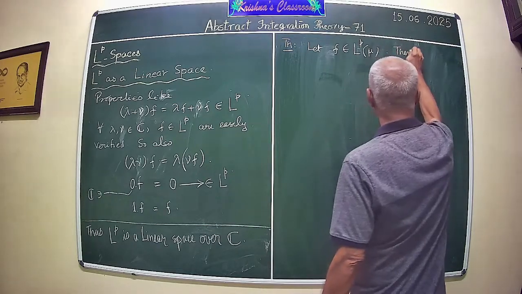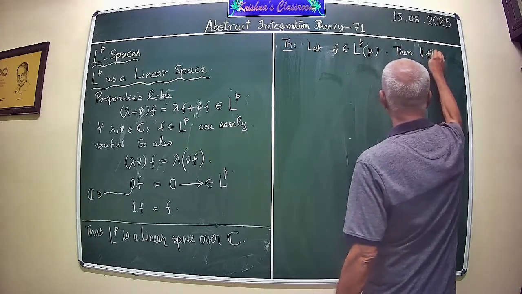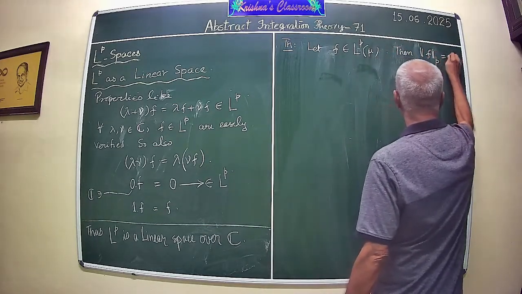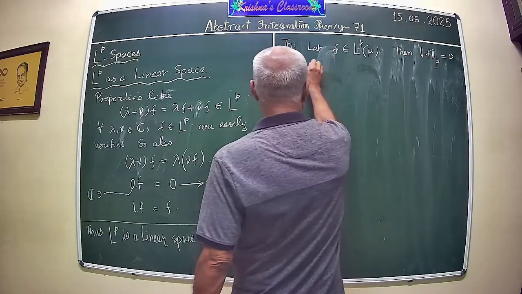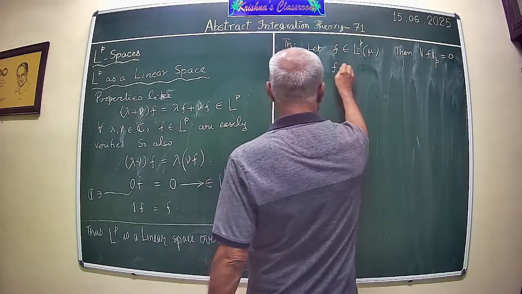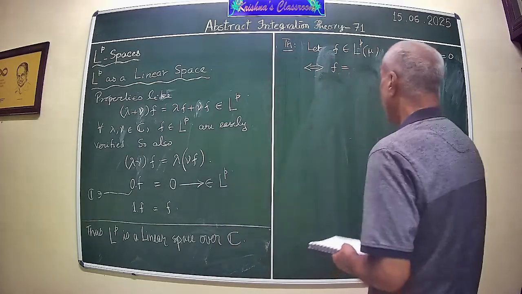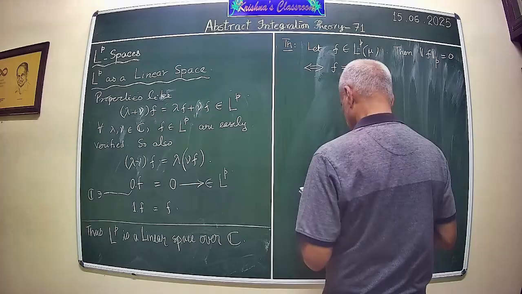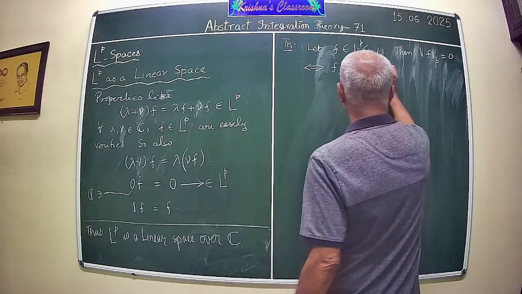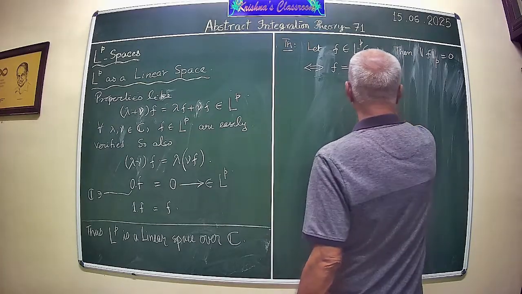Then norm of f equal to 0 implies f equal to 0 almost everywhere. This is important.